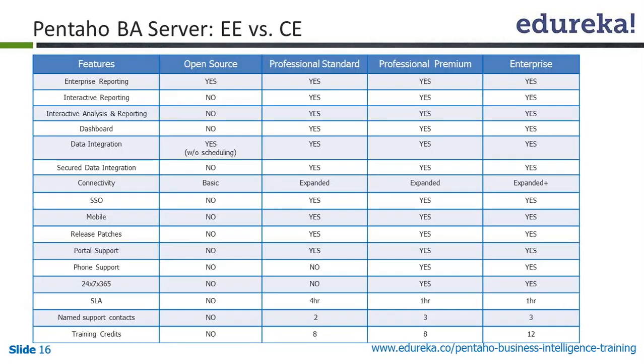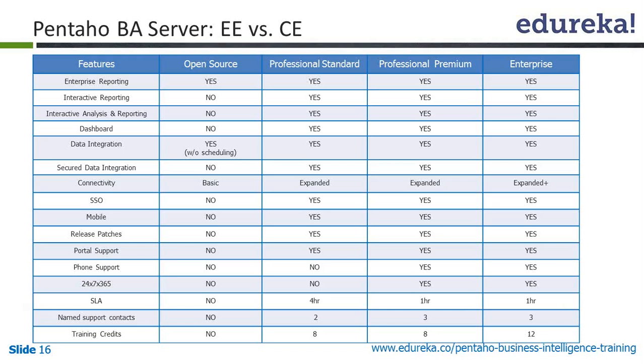Now we'll see that there are different versions of Pentaho available. First is open source, the community edition, which is available on the net for anybody to download and use, of course with limited features, and of course the support is not available. That is the main thing.